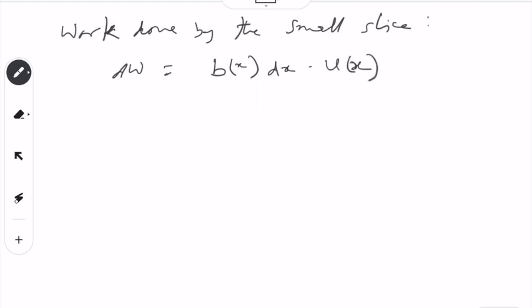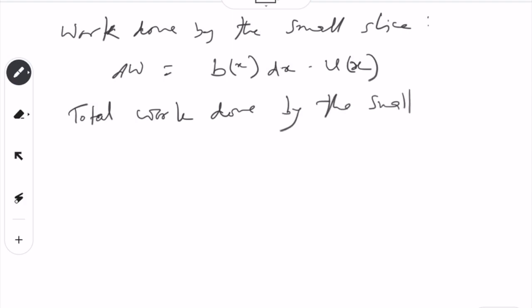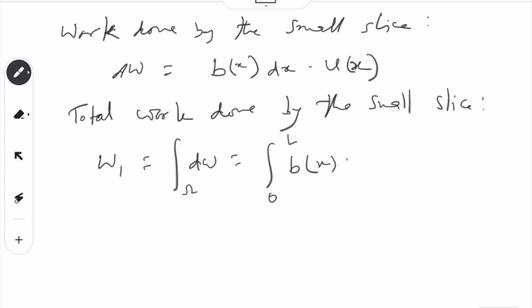So the total work done, let us call it W1, is the integral of dW, which has to be integrated over the whole length, 0 to L, so Bx times Ux multiplied by dx.